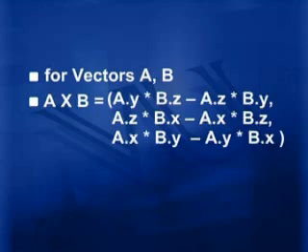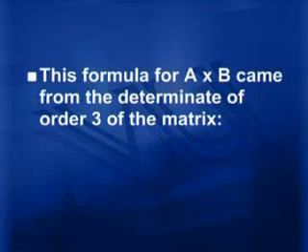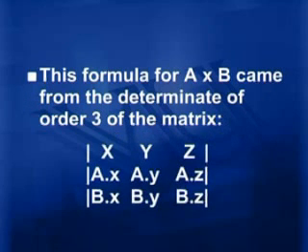Similarly, A.z times B.x, z of A and x of B would be multiplied, and subtract from them the product of x of A and z of B. And for the z coordinate, we take A.x times B.y and subtract from it A.y times B.x. And this formula actually came from this determinant, the order 3 matrix.